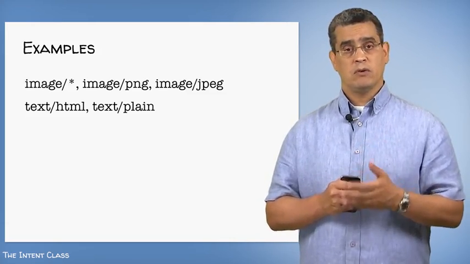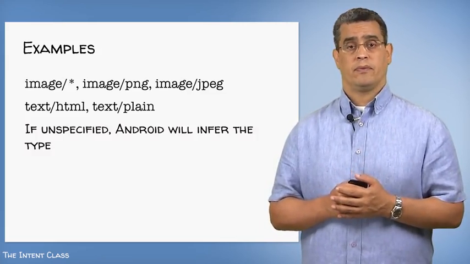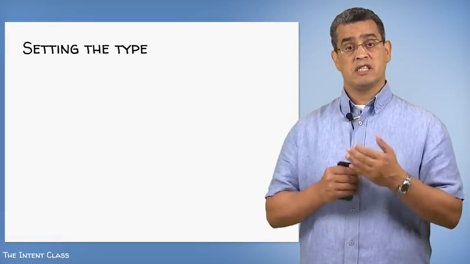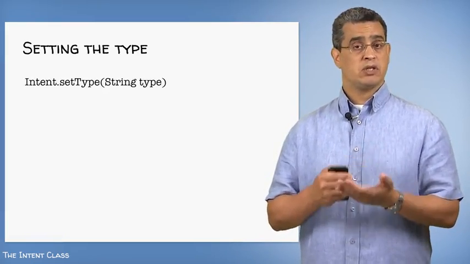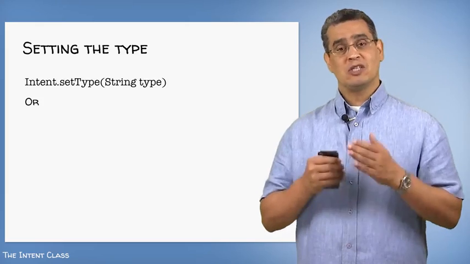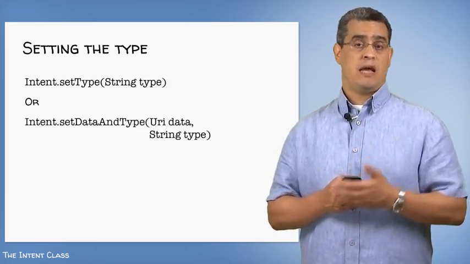And of course, if you don't specify a MIME type, Android will try to infer one for you. You can set an intent's MIME type by using the setType method, passing in a string that represents the desired MIME type. You can also set both the data and the type together by calling the setDataAndType method.